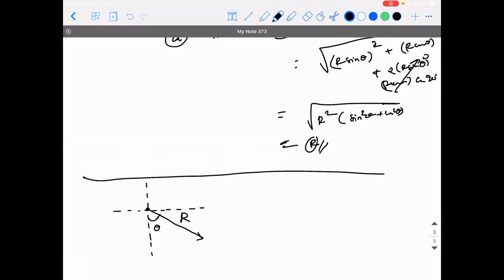So what do you mean by coordinate system? Two-dimensional coordinate system, x-axis and y-axis, right? Now I will look at the quadrant into which this R is going into. So R is directed into which quadrant, guys? Fourth quadrant. So in the fourth quadrant, what is positive, what is negative?